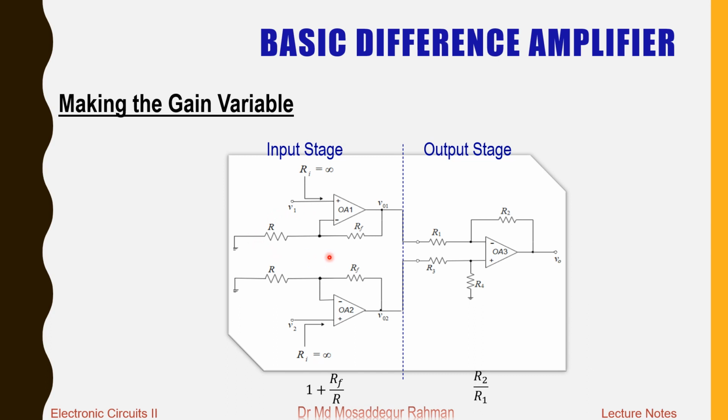Now the third problem that we still have is the difficulty in varying the gain. How can we solve that problem? At first look, it seems quite complicated, or it is not clear how we can solve it. But a little, intelligent tweaking in the circuit can solve that problem.